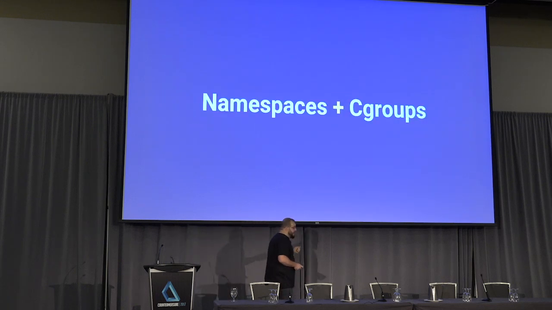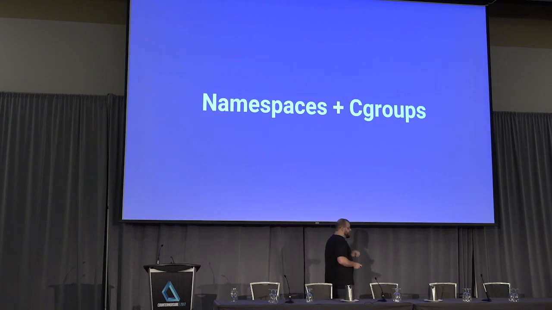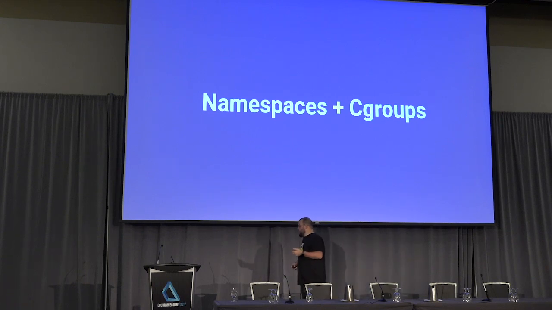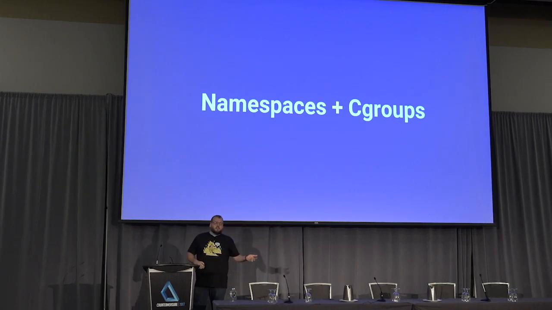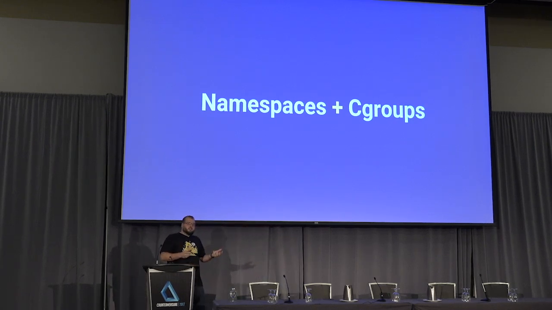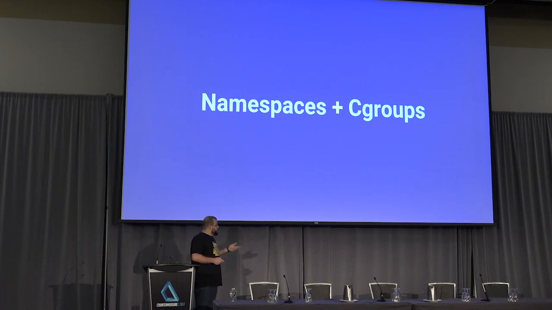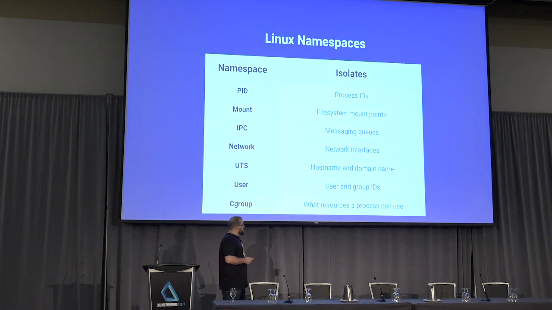Containers are made up of 2 distinct pieces, essentially: Linux namespaces and control groups, or cgroups. We're going to step through some of these namespaces and control groups and try to identify which threats we can remediate while we employ these.